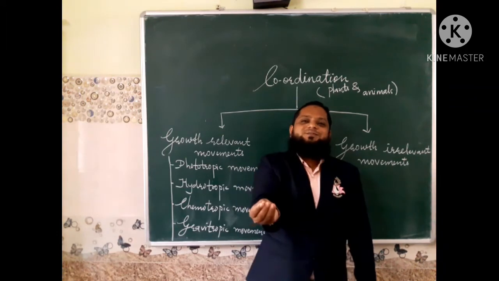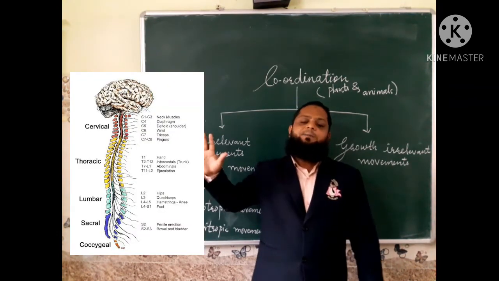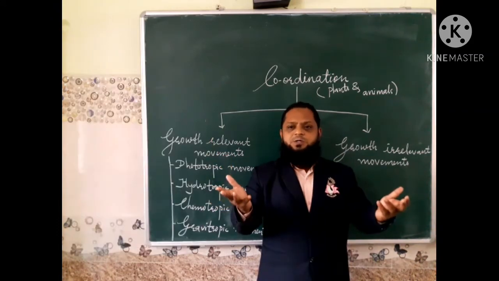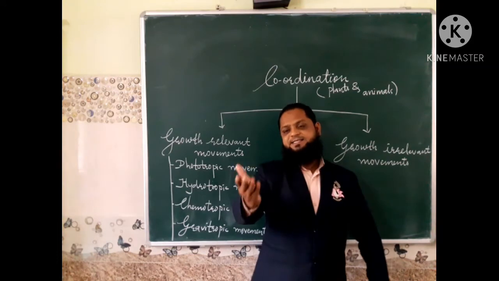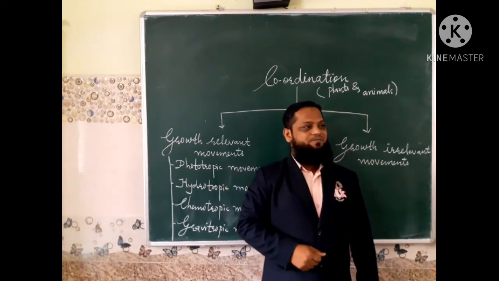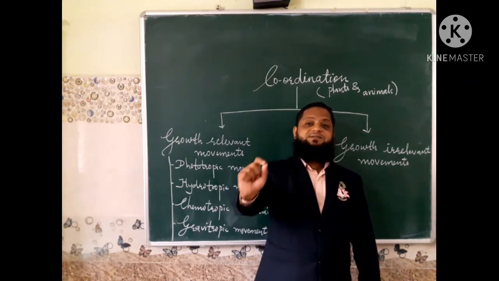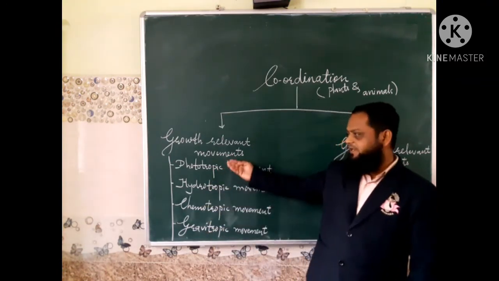That nervous system is absent in plants. It does not mean that plants cannot interact with other objects. As I said, plants interact with sunlight and with water. So these interactions are categorized in this way.